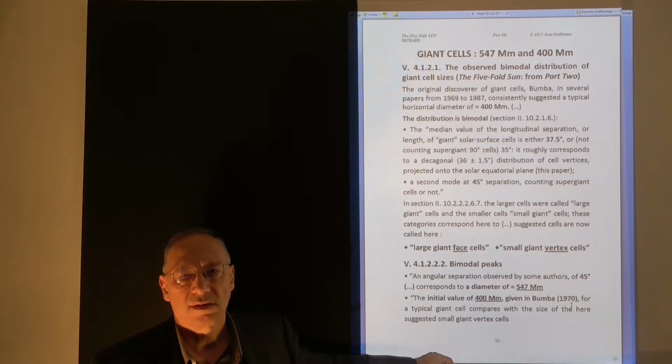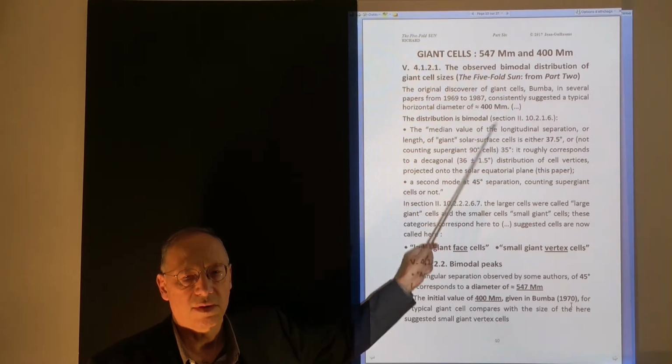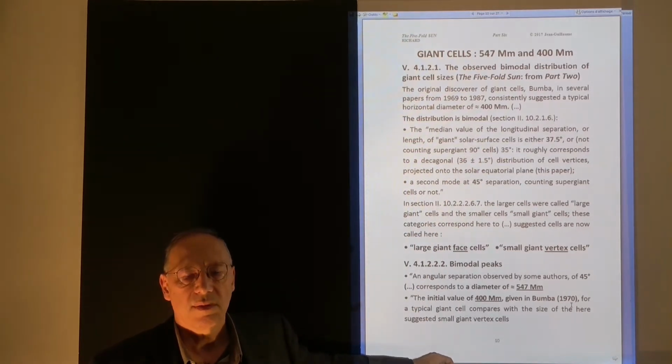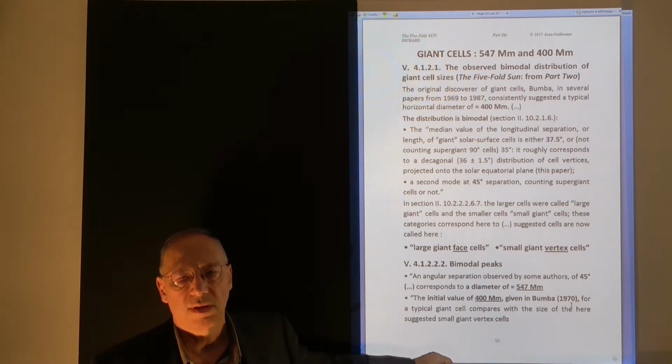For the giant cells, again, as found in part 2, there is a bimodal distribution. The cell size suggested originally by Bumba is about 400 megameters, a horizontal diameter, and a larger peak in the distribution, a larger diameter at the second mode of the distribution, with 45 degrees separation, corresponds to 547 megameters.